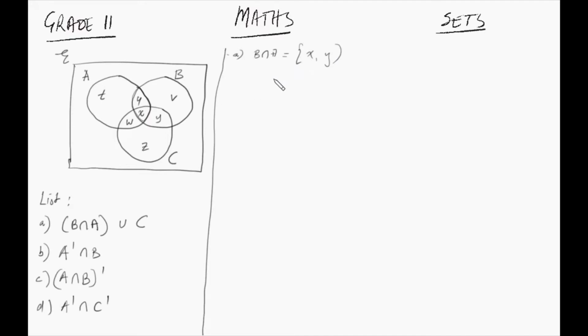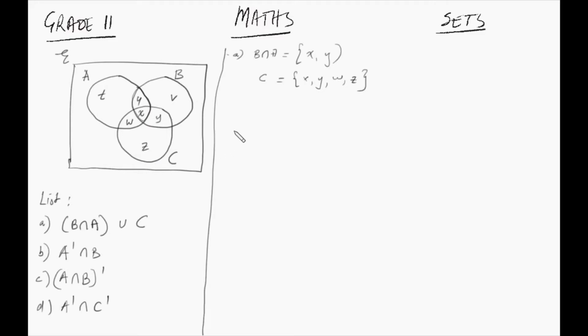And now set C. I'm just showing you how you can approach this in simple terms. C would be X, Y, W, Z, because those are the elements which appear in C here.